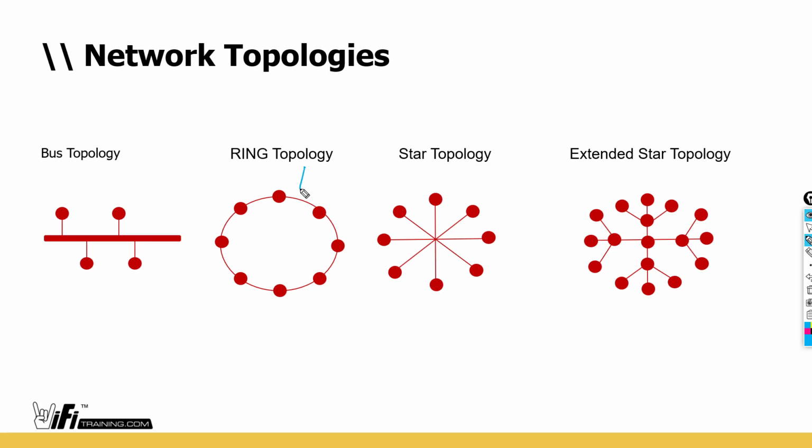Then we have a ring topology, and this ring is still a common use case actually for fiber rings anyway. But now we have typically a little bit more redundancy built into them than we used to. But the ring topology could kind of fall to that same concept. So back in the day, the early technologies with this had to deal with what's called token ring.